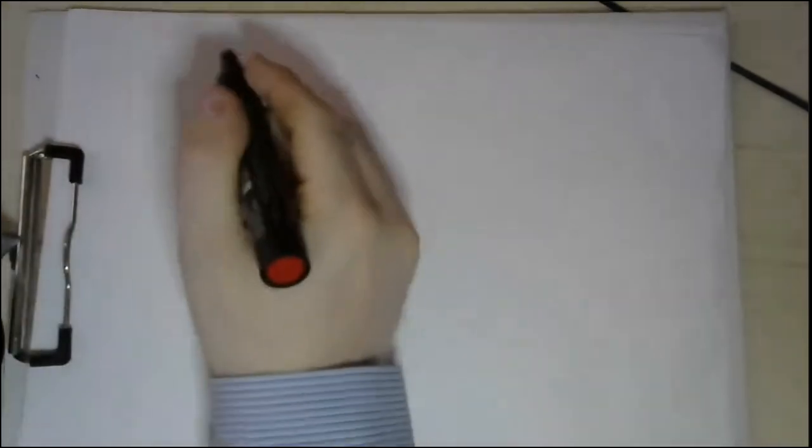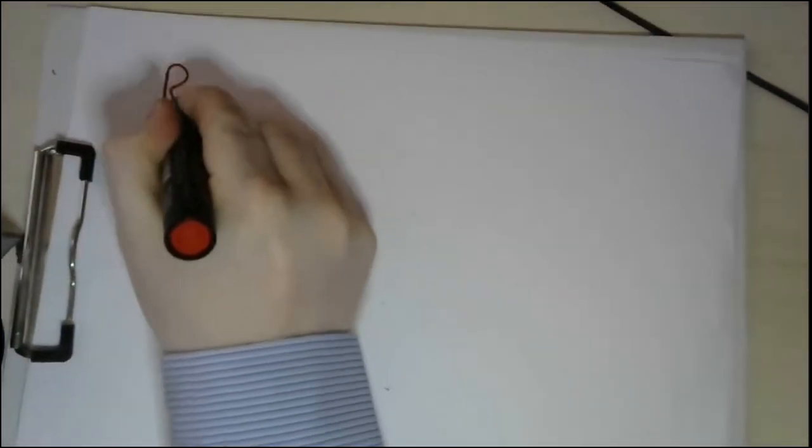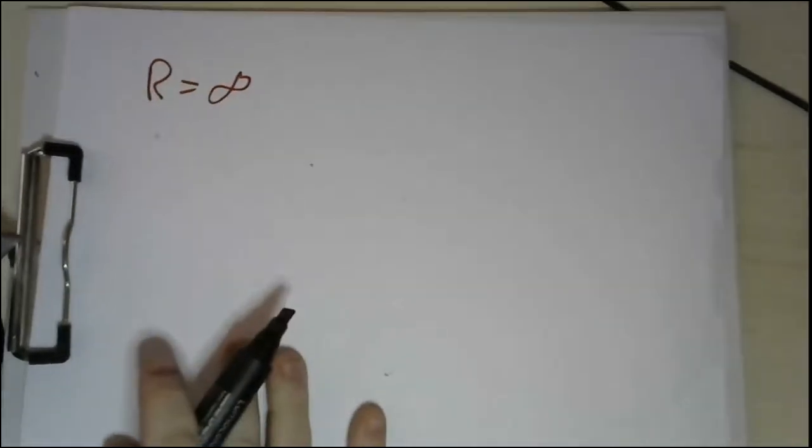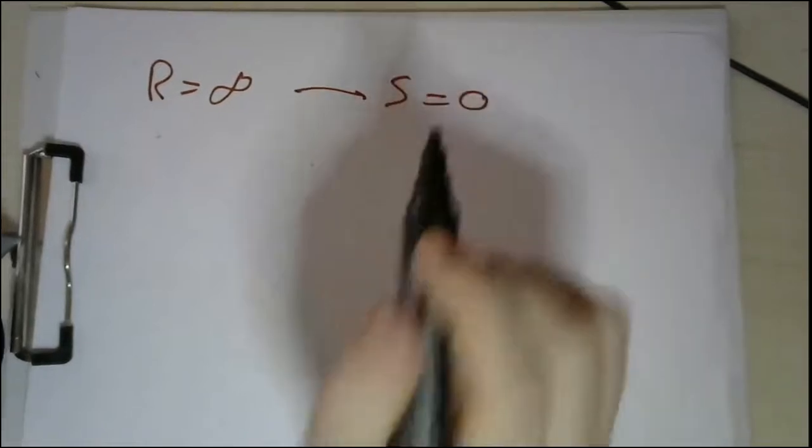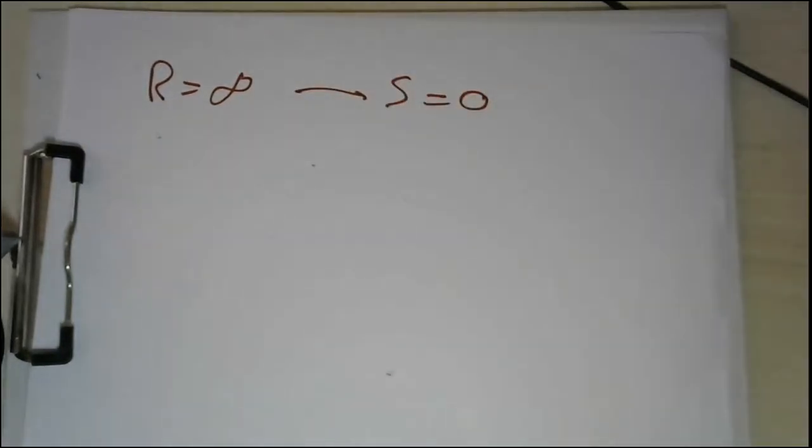Whenever R equals infinity, and knowing that the slope is 1 over R, that means the slope will be equal to 0. So how can we plot a slope equal to 0? A slope equal to 0 means that there is no variation in the y-axis.